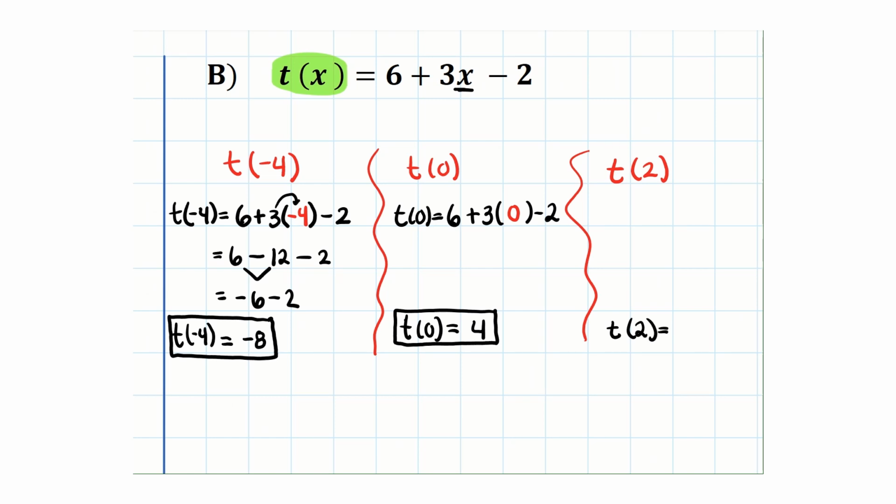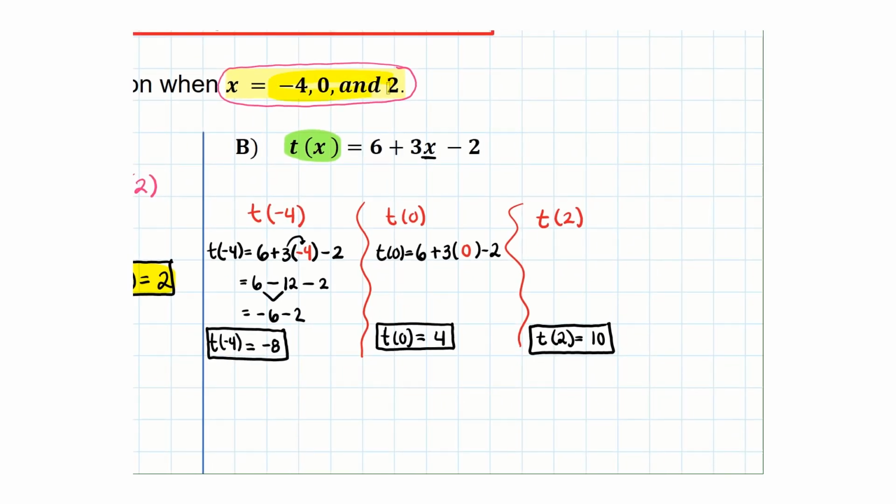I'm going to do the rest of them mentally, and I encourage you to try this mentally, but you know yourself. If you need to do it on paper, then go ahead and do it on paper. So these are our three different outputs for the three different input values.